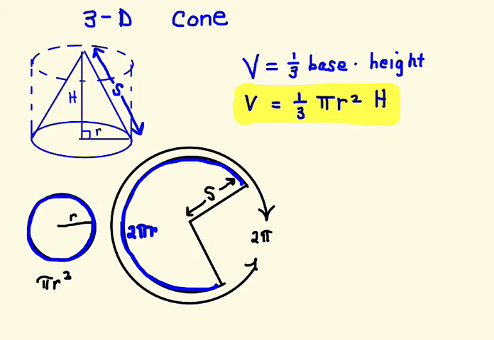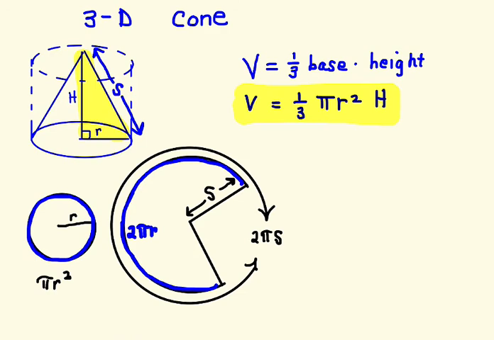This is called the slant height. And you can get the slant height by using the Pythagorean theorem. Because if you see this little triangle going on here, the base is R, the height is H. R squared plus H squared equals S squared. So we can find the slant height if we have the height of the cone and its radius. Does that make sense? Okay.